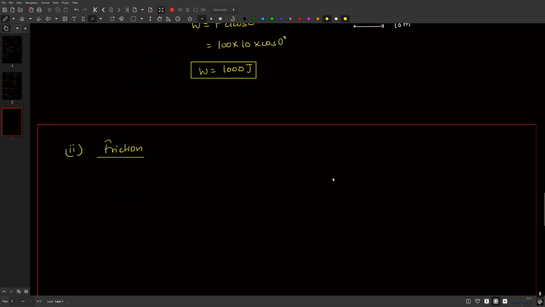Now, one thing about friction, I hope you guys remember that it is an opposing force. It always opposes motion.